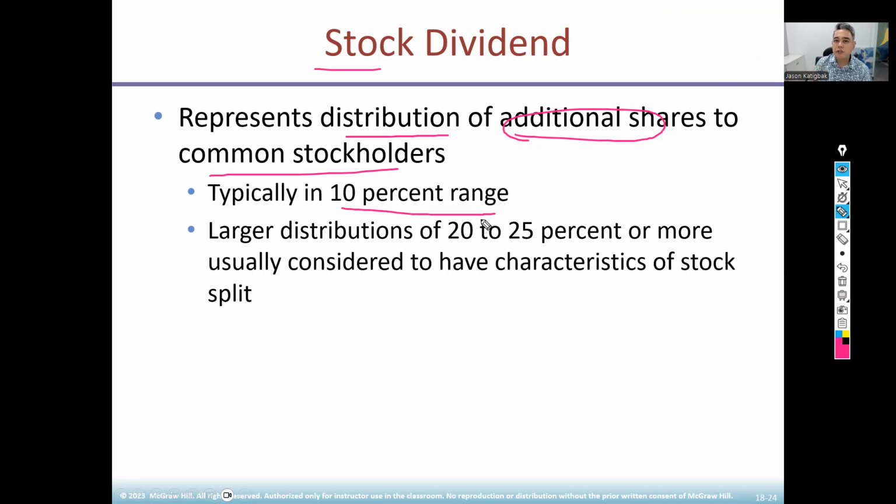Why? Because if it's too large a stock dividend declaration or distribution, it will be considered a stock split. And why do we need to categorize between a stock split, which is about 20 to 25% or more, compared to a stock dividend?